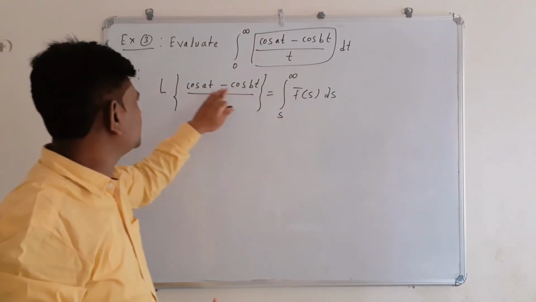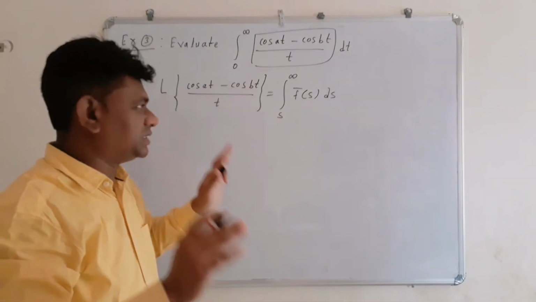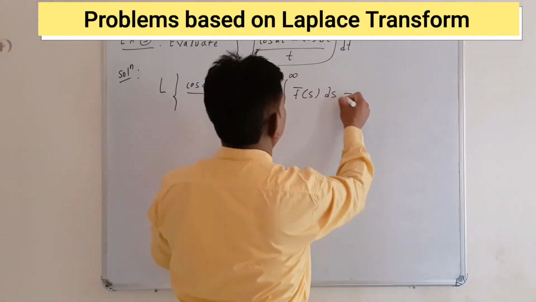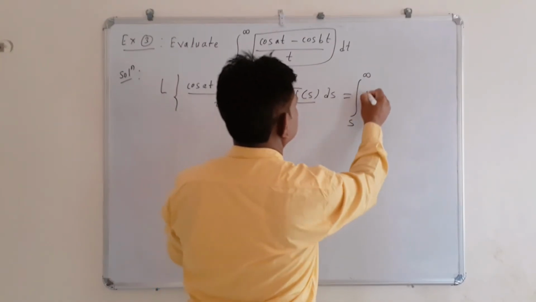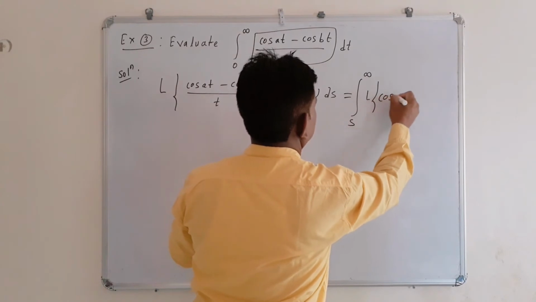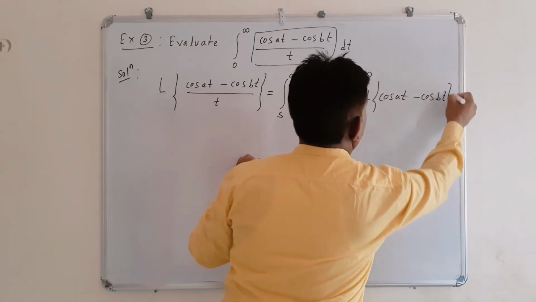Here f bar s is the Laplace transform of cos at minus cos bt. Then this is equal to the integral from s to infinity of the Laplace transform of cos at minus cos bt ds.